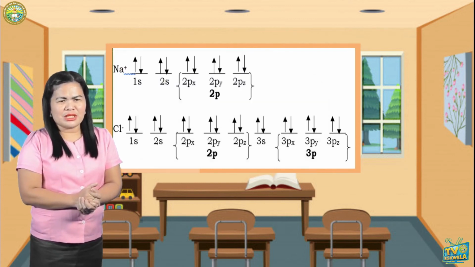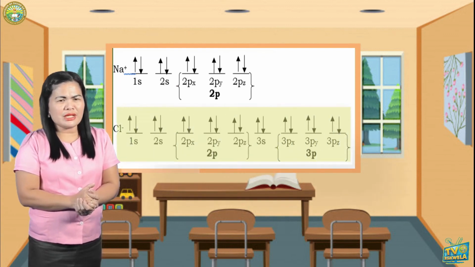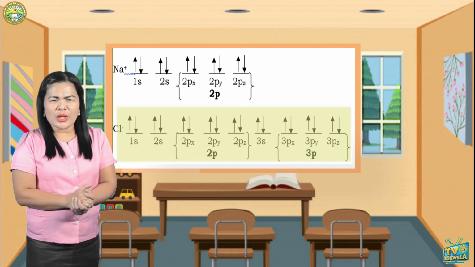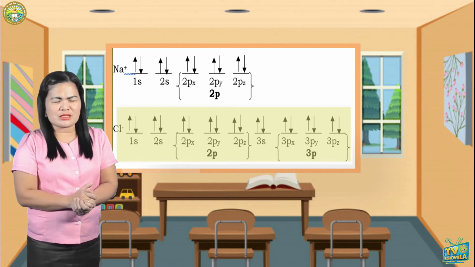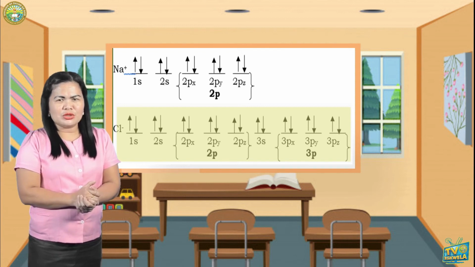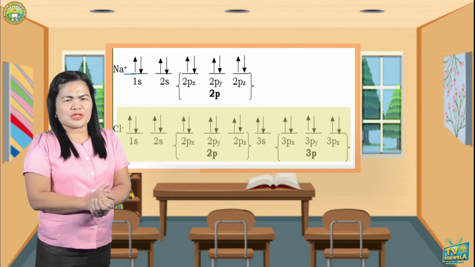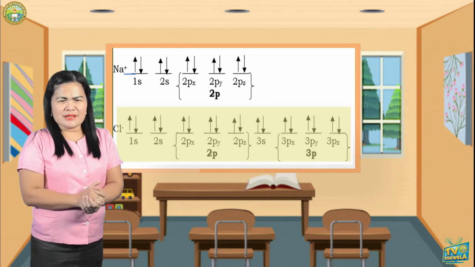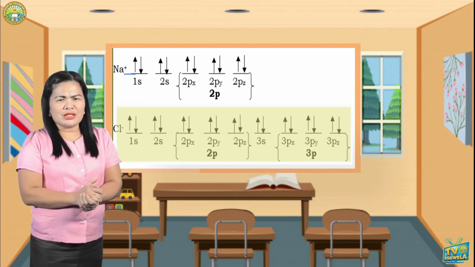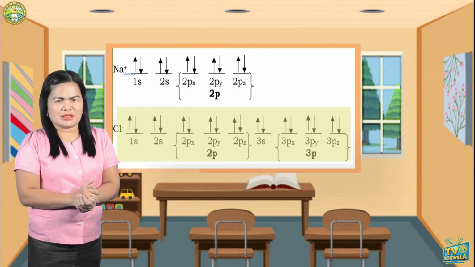Chlorine becomes a negatively charged particle or anion. The orbital notation is 1s with 2 opposite spins, 2s with 2 opposite spins, 2p with 6 opposite spins, 3s with 2 opposite spins, 3p with 6 opposite spins.